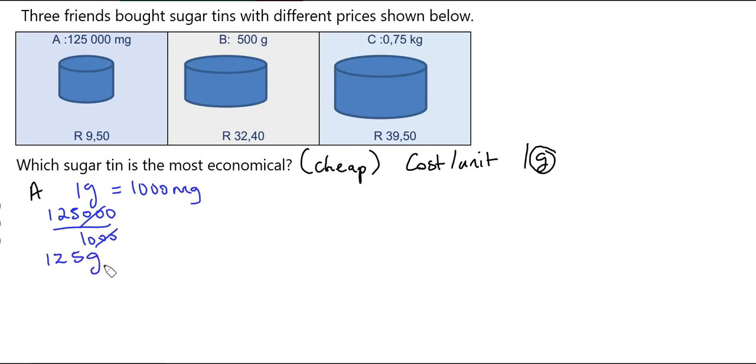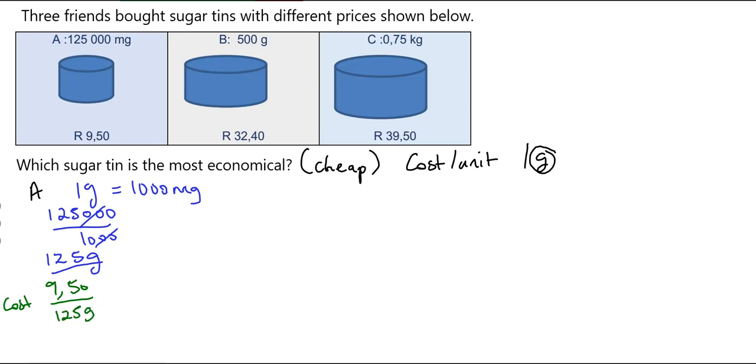125 grams. Now, 125 grams, we want to know how much per gram. So we're looking at cost now. So 9,5 divided by 125 grams.